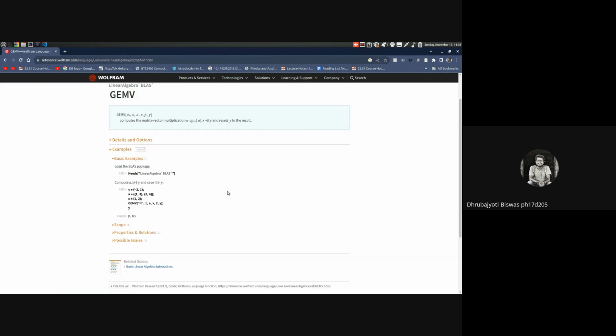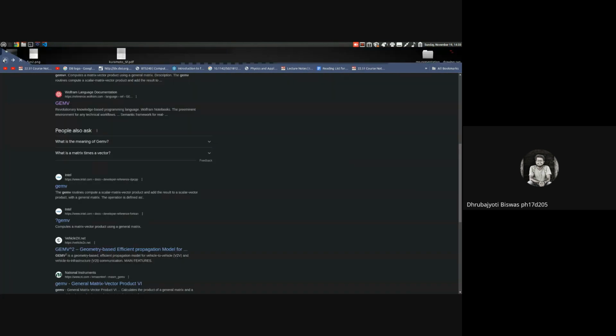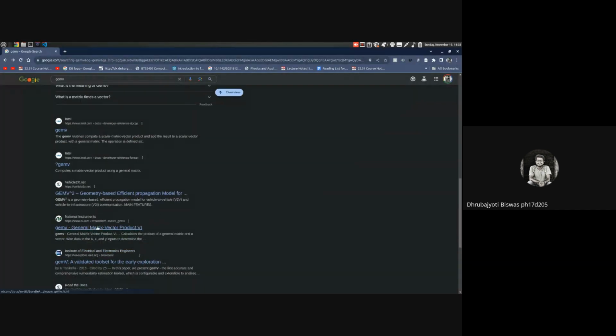Yeah, so GEMV is where you are going to do a matrix vector multiplication. So how does it look? It will be AX plus Y, or alpha AX plus Y, where A is a matrix, X is a vector, Y is a vector.